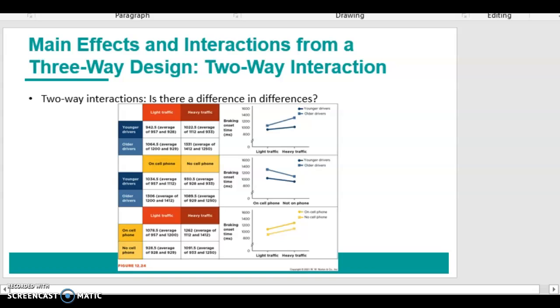After computing the means, so looking at our marginal means, you look at the difference in differences. It is probably easier to graph the interaction and look for non-parallel lines. You then, again, as always, follow it up with statistical tests to look for statistical significance.